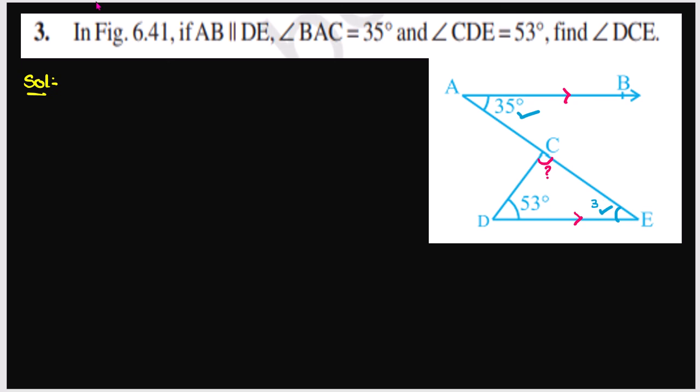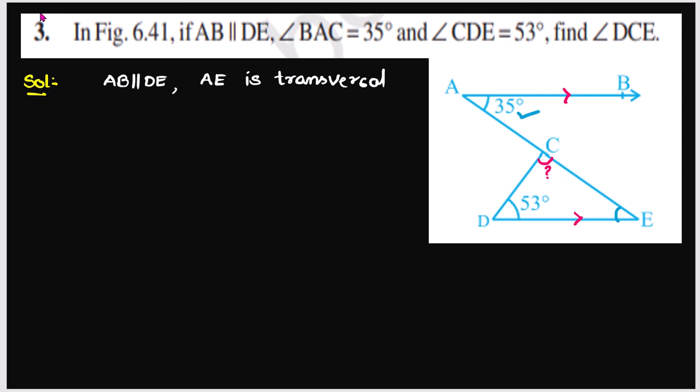So let us first find angle AED. For that, what do we have to write? AB is parallel to DE, and the transversal we are taking is AE. AE is the transversal. So here what are the two angles?